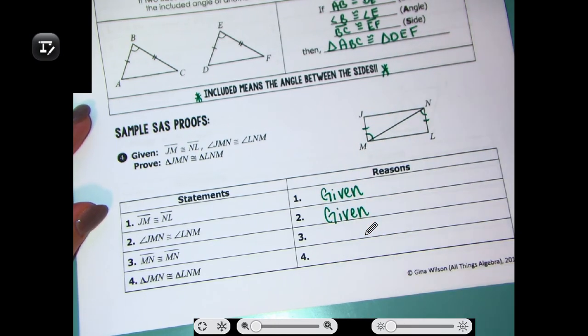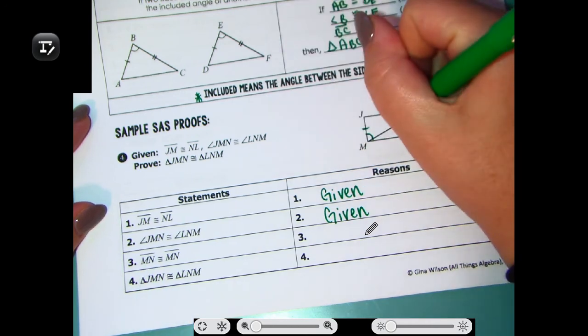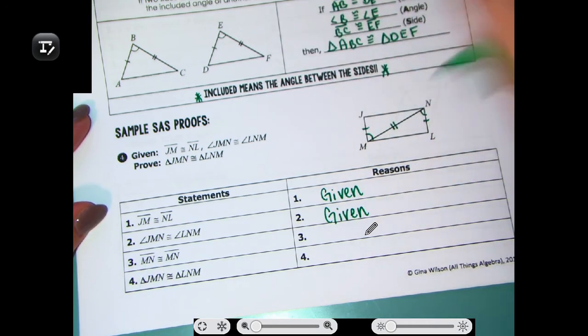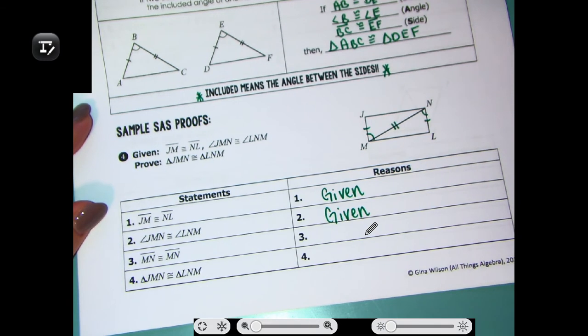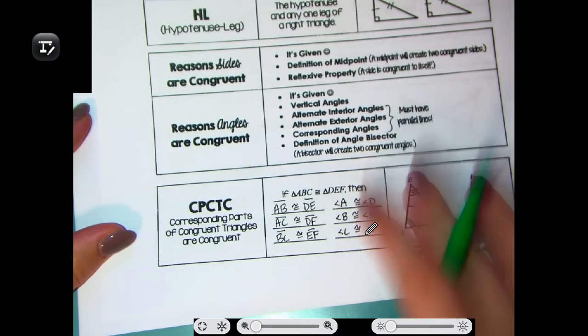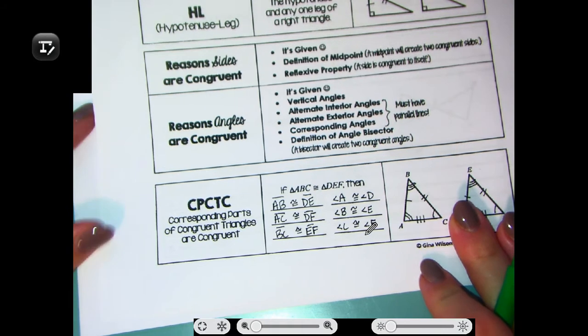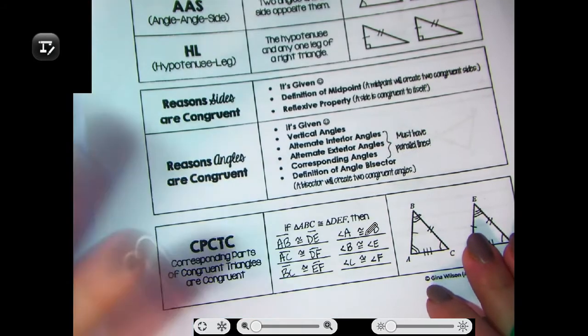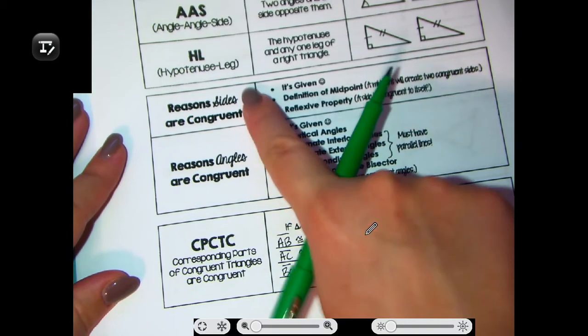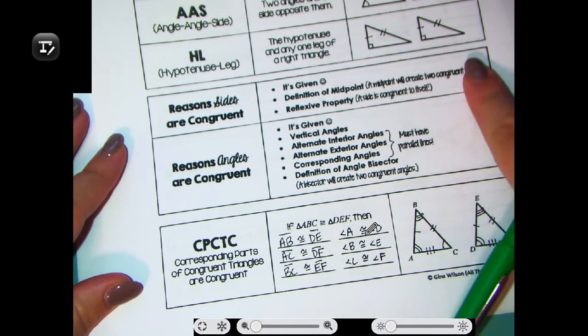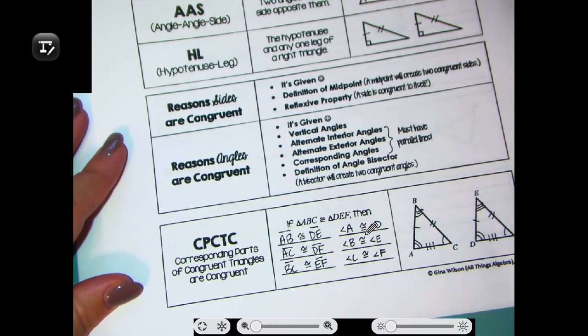Okay, so now here's the new one. Now we're saying MN is congruent to MN. How did we know that? That comes from our reference sheet, and we did this in the previous post. When we're writing these reasons, this is your Bible for proving triangles congruent. So go back and look whenever you're stuck, okay? Reasons sides are congruent: it's given, definition of midpoint, reflexive property.